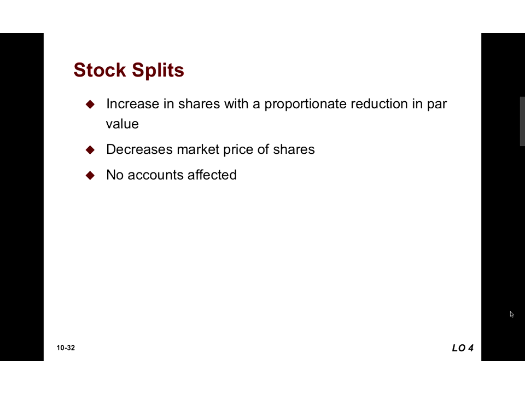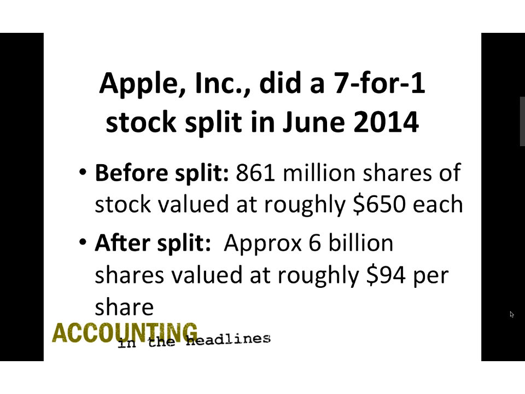Companies do this to reduce the market price of their stock. Now, I'm going to give you an example, because for stock splits we don't have any accounting entry. If we have 100 shares outstanding and we do a 2-for-1 stock split, we're going to have 200 shares outstanding. So I'm going to go through a little example about why a company would do this.